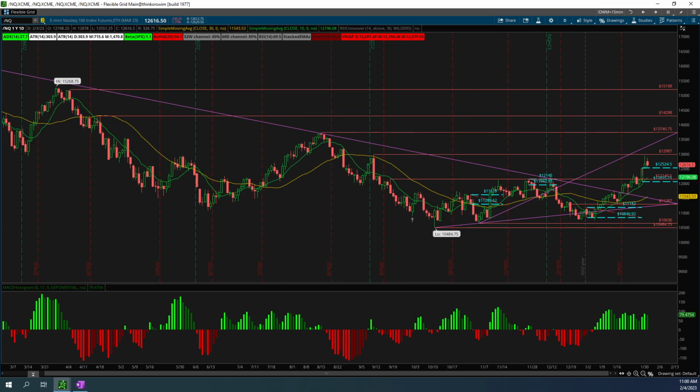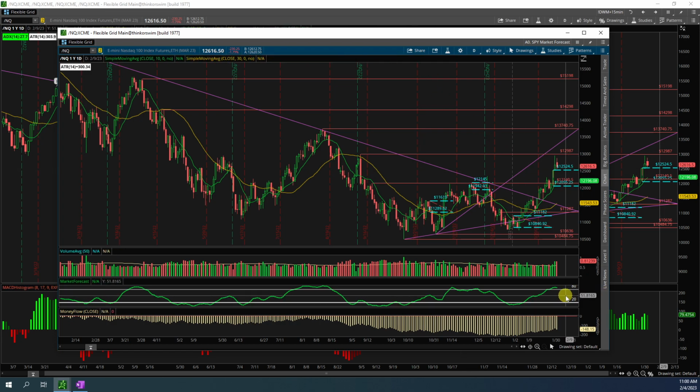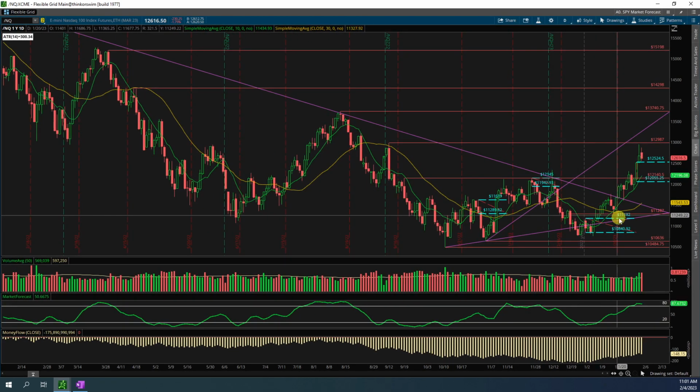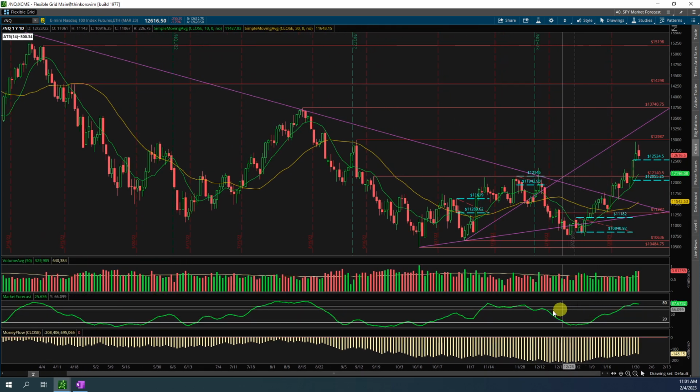Now in NQ, if we review NQ on the MFC, the market forecast intermediate line, we see that also it's coming back down. So I would be defensive still on this one. I pay a lot of attention to the MFC to create my bias. You see, it works when you are above these levels, above 20. When you're crossing above 20, and I think I have said this a couple of times, you could expect a bullish momentum there.